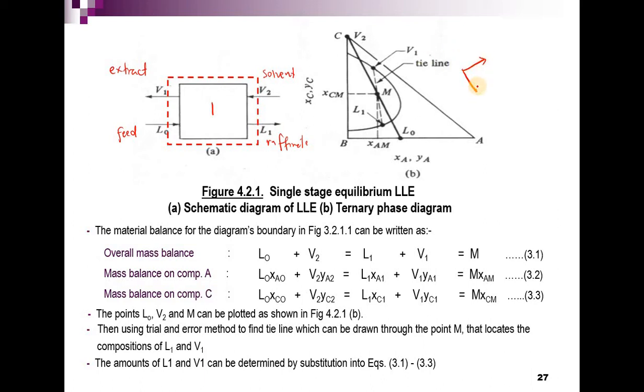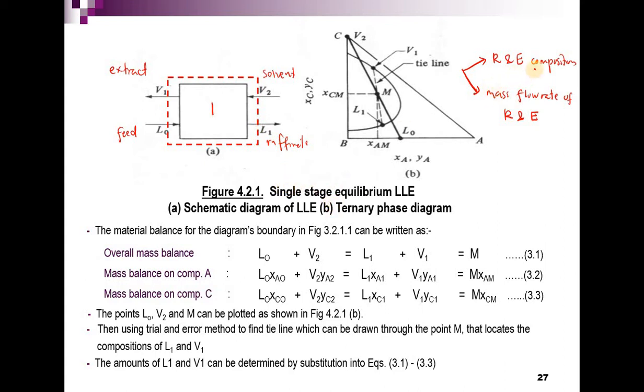We can find the raffinate and extract composition, and we can find the mass flow rate of our raffinate and extract. Both the composition and the mass flow rate, we can find in a single stage.